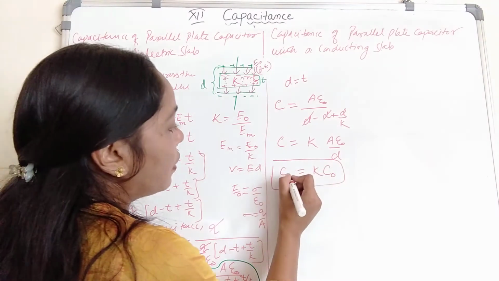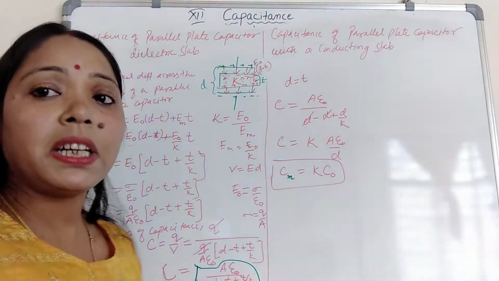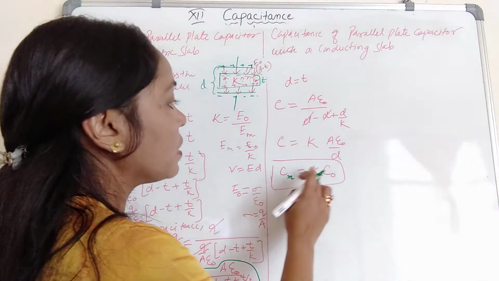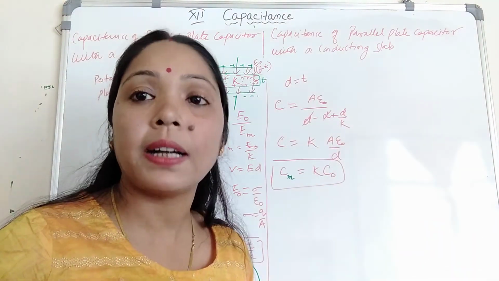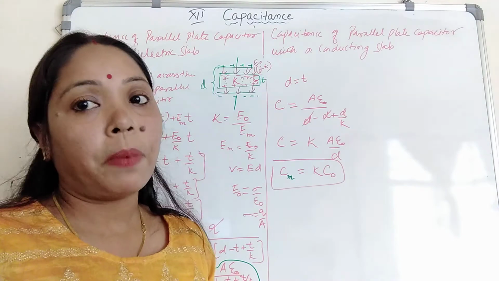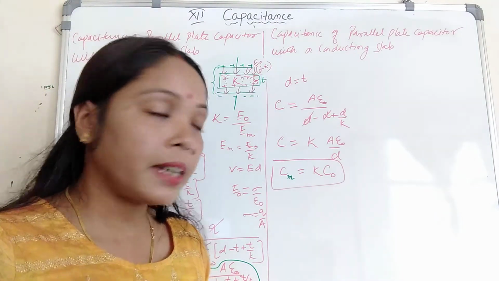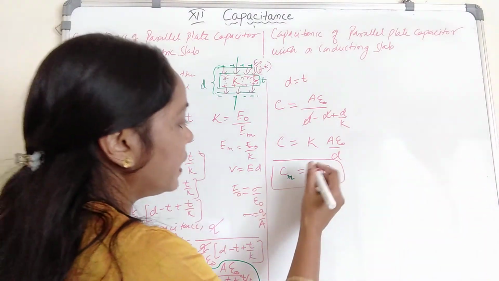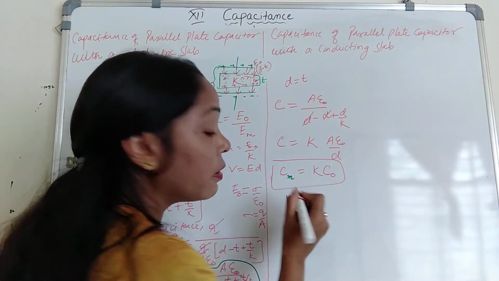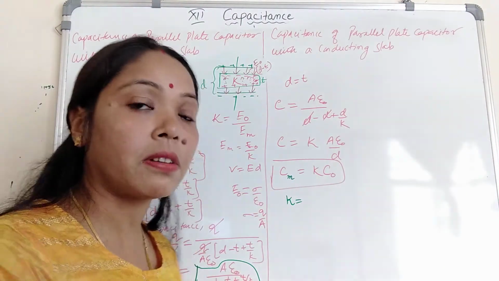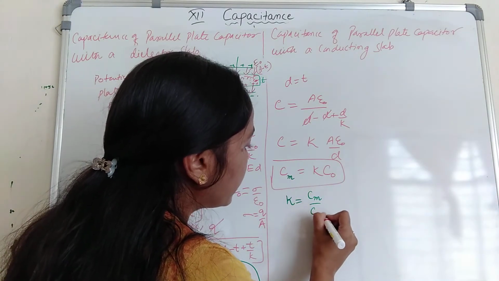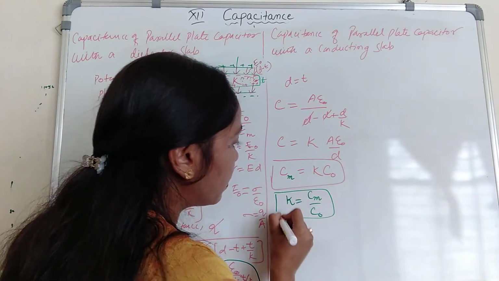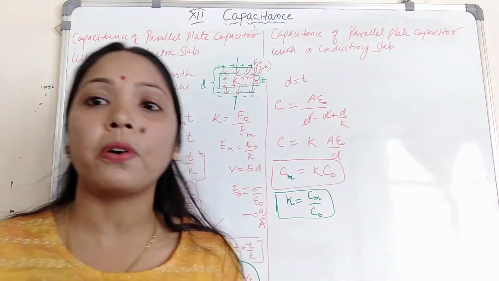The capacitance for any dielectric medium is always K times the capacitance of the parallel plate capacitor when air is present. In this way you can define the dielectric constant in terms of capacitance also, that is K is equal to C_m by C naught. This is also a very important formula.